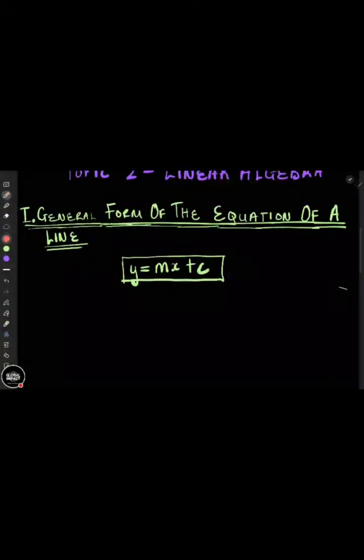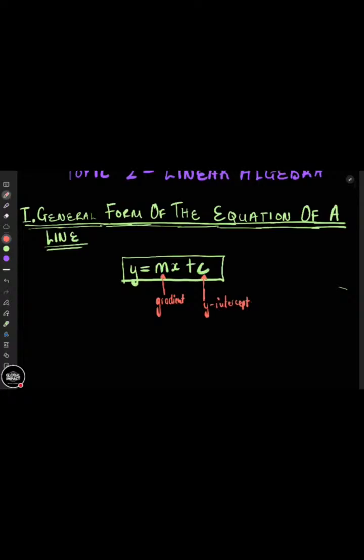This tells you 2 things. To find the equation of a line, you need m and you need c. m is the gradient, then c is the y-intercept. If we can find these 2 things, then we will have the equation of a line.